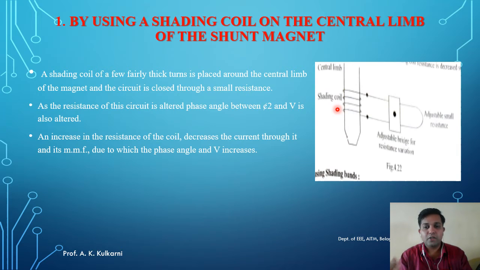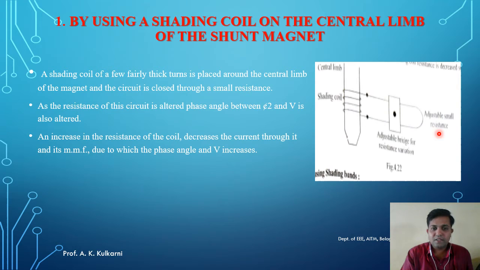We can increase or decrease the resistance value of this shading coil with the help of this adjustment bridge, which is between the shading coil and this small resistance. The shading coil has very few thick turns placed around the central limb of the magnet, and the entire circuit is closed with the help of this small resistance.